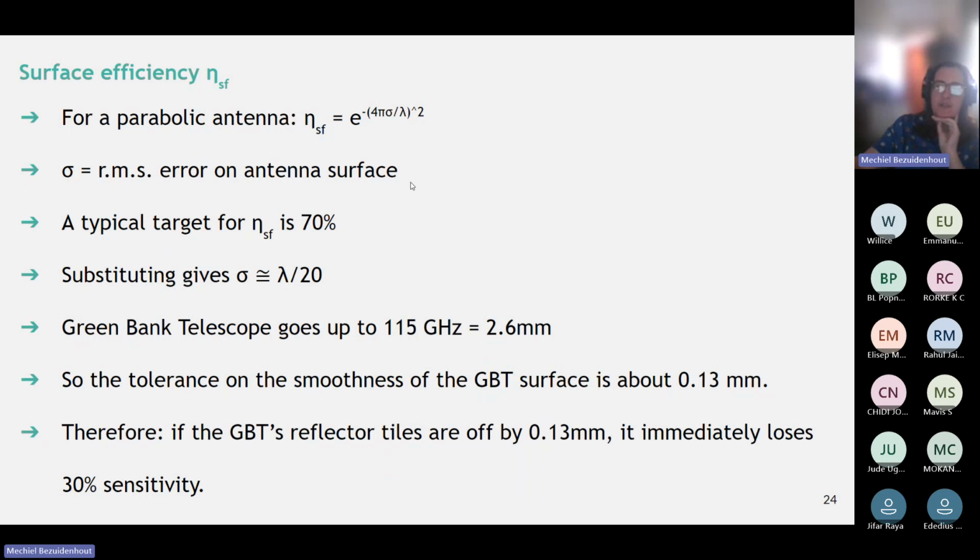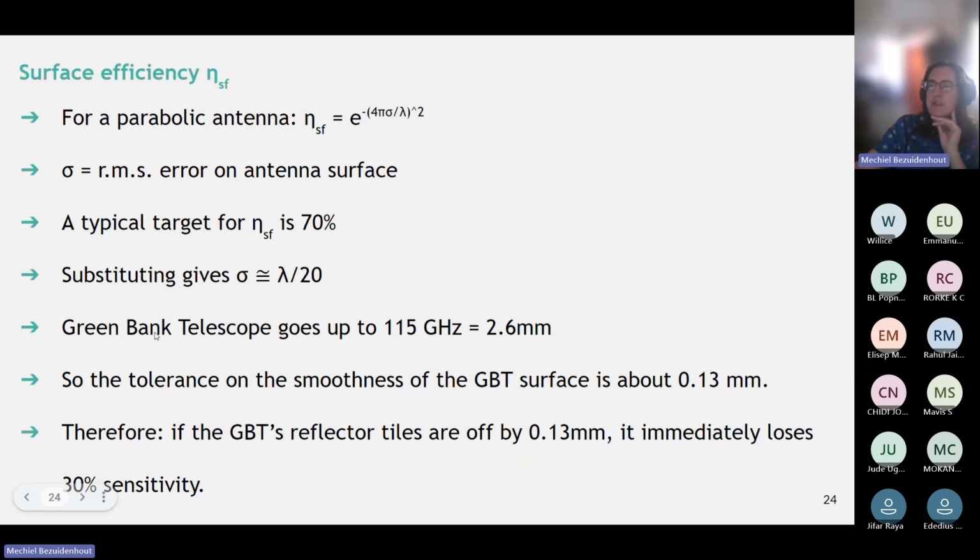So it's basically the tolerance on how precisely the surface has to be engineered. A typical target for this efficiency is about 70%. If you substitute those numbers into that equation, the RMS error on the surface has to be about equal to the wavelength divided by 20.